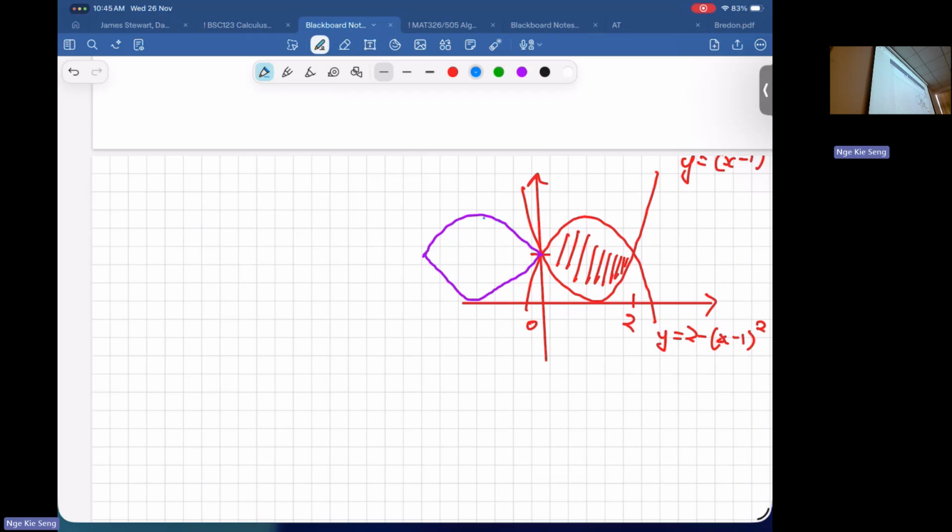For example, at this level we get something like this. But we don't want the whole thing, because there's some part that we're going to throw away. So here constitutes the R in, and here constitutes the R out.